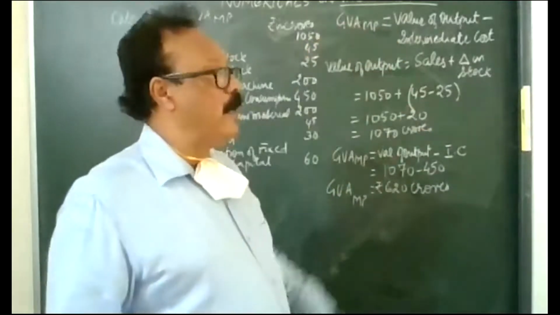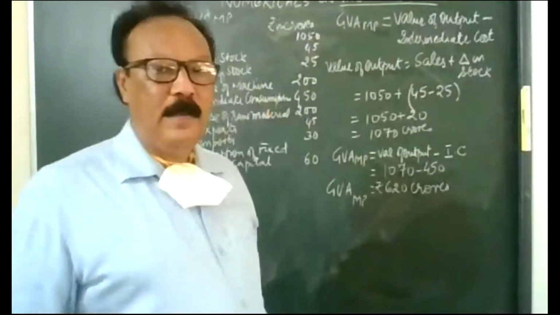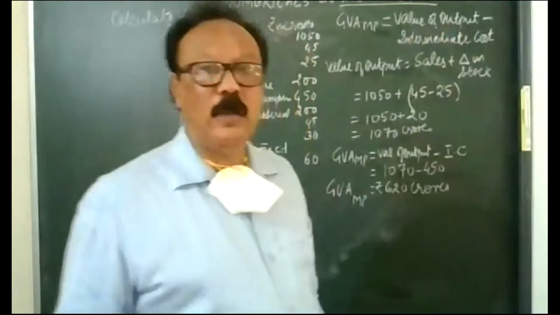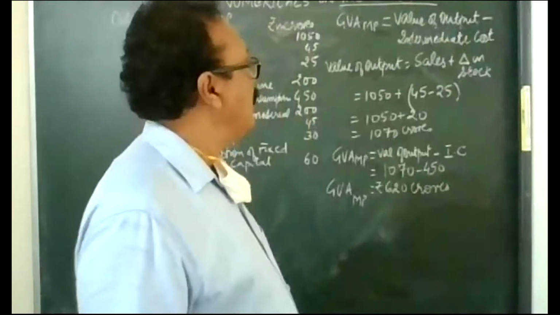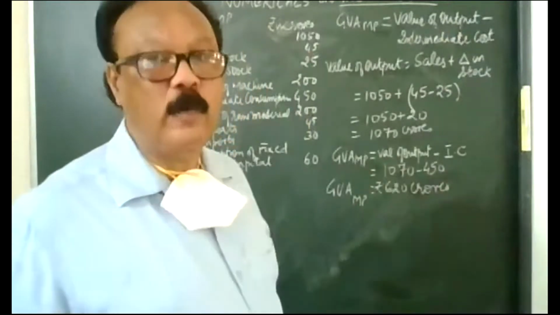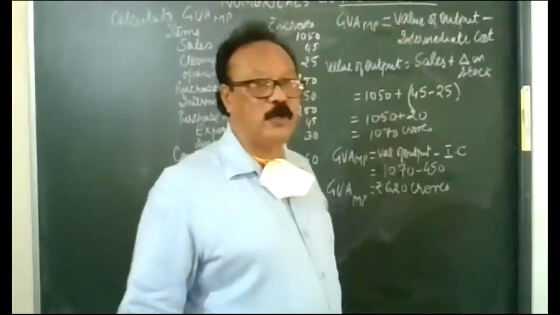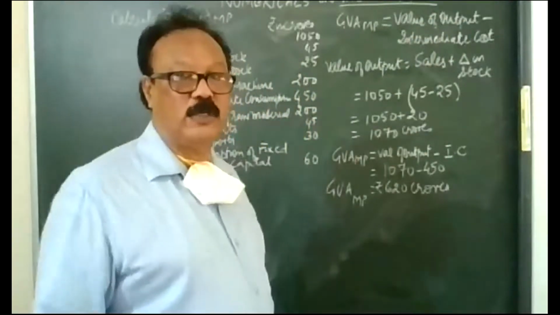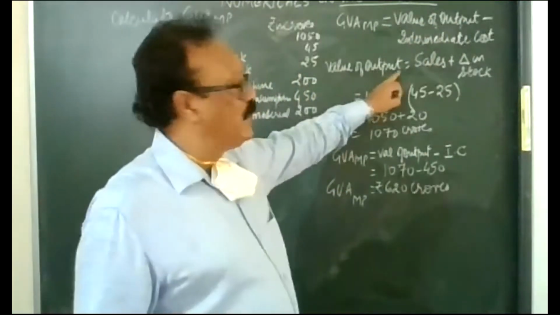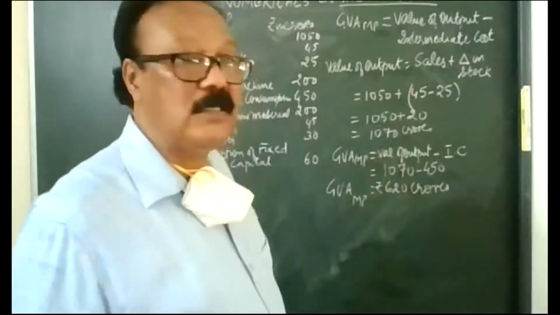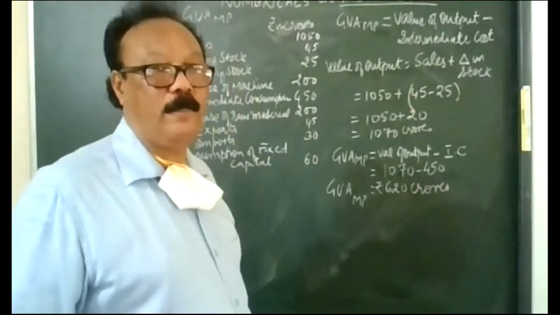The formula I gave you last class is value of output minus intermediate cost or intermediate consumption, one and the same thing. How do you calculate value of output? We need to substitute it. So value of output is calculated as sales plus change in stock.